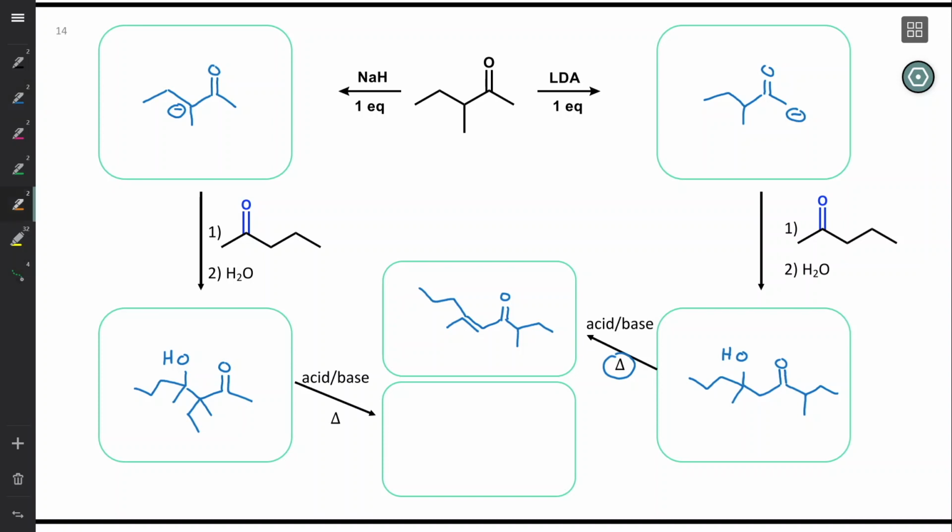Can I do that? The answer is no reaction, because I have to eliminate a hydrogen, but there is none there. There are no alpha CHs left, so that means no elimination possible. So that just stops at the aldol addition product.